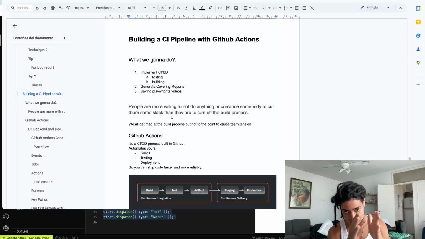Then you implement the code, you integrate it to your repo. And once you do that, well, now it is time to see that it actually won't break the application by running the build and the tests on those changes.